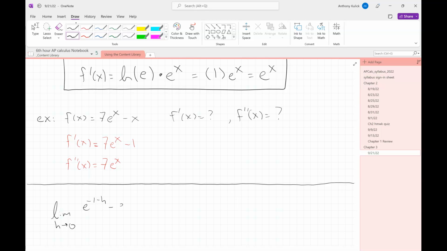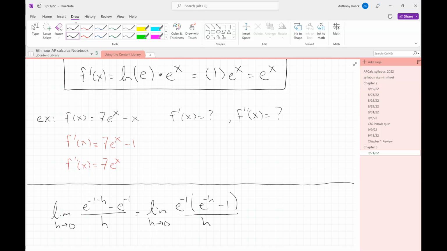Oh, this is the one where it was like negative 1/e or something. So this was one of the multiple choice ones on the last multiple choice practice I gave you guys.